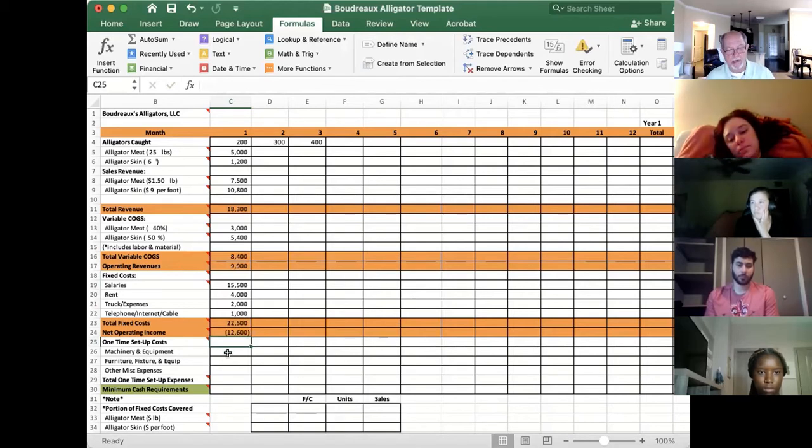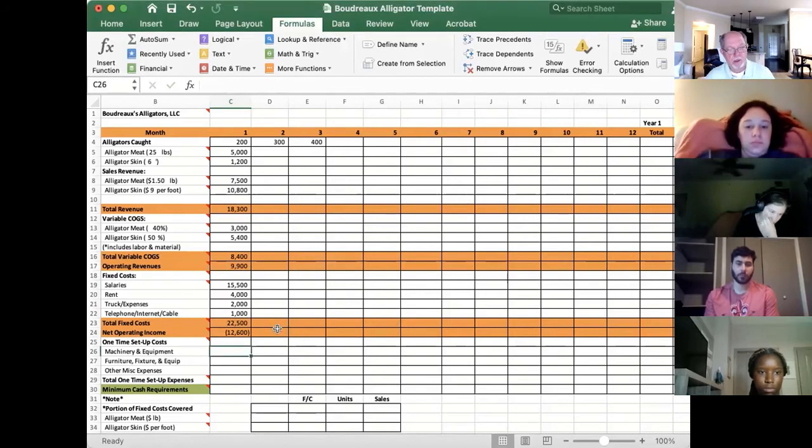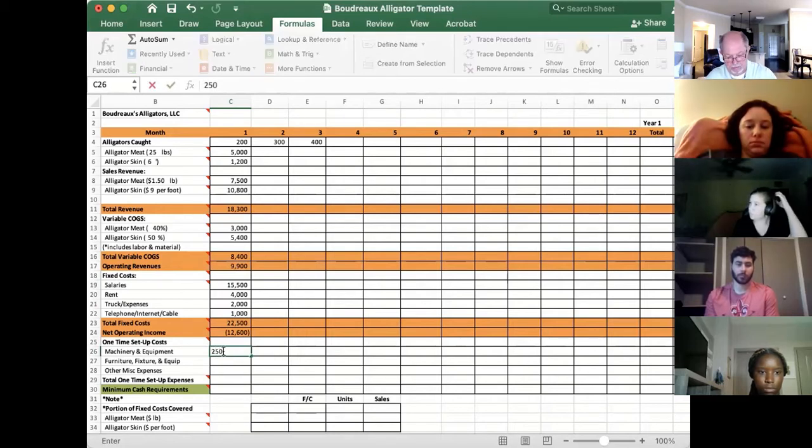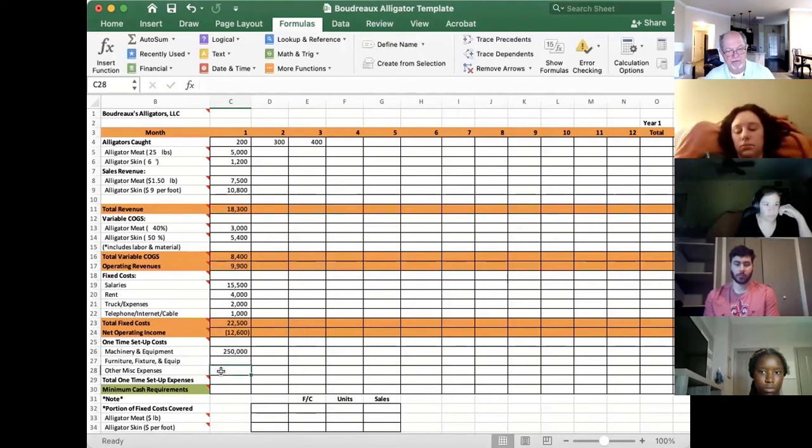Now, equipment and machinery, Boudreaux told us he was going to spend $250,000. And he said that other miscellaneous, I think, was 70.